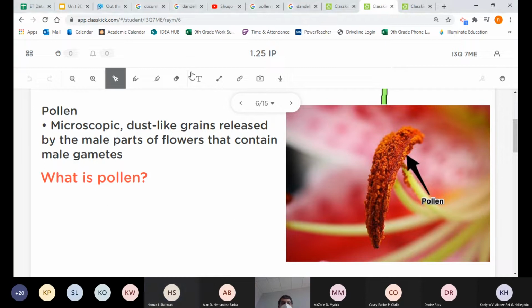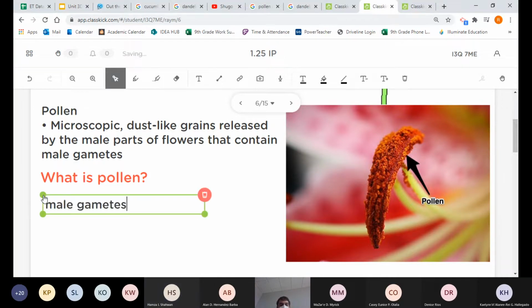So pollen then is essentially male gametes, or reproductive cells. So not to get too graphic with you, but sperm is what it is in humans. Pollen then is essentially the sperm of the flower. So it's the male reproductive cell.